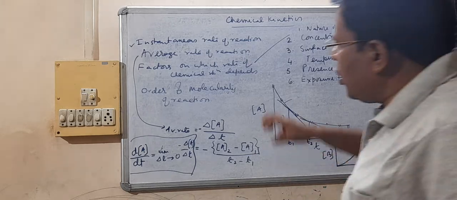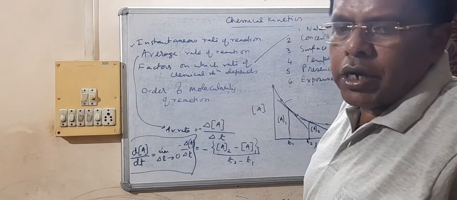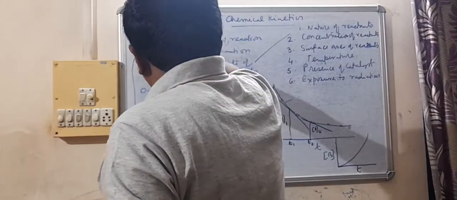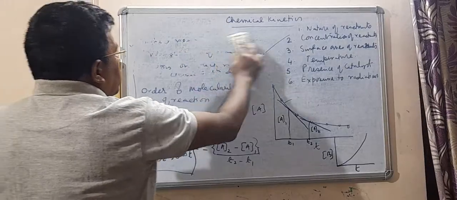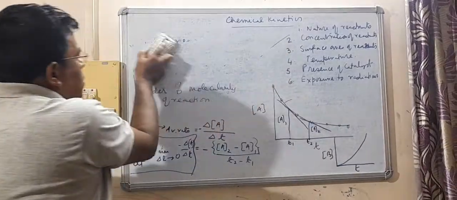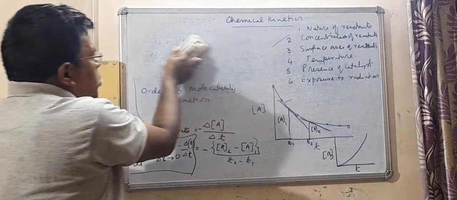Now, a very important topic in this chapter is order and molecularity of reaction. Now, we have just learned that rate of reaction depends on concentration.